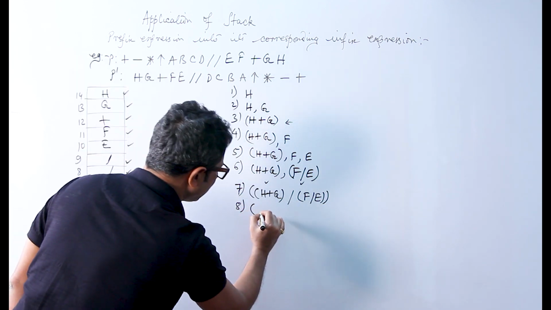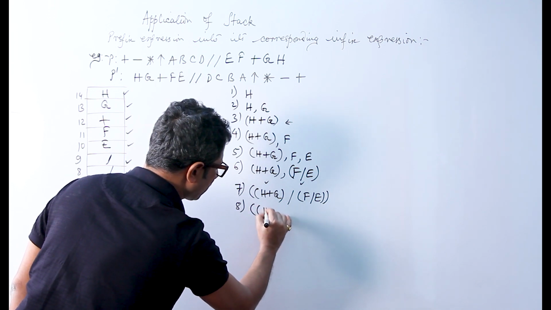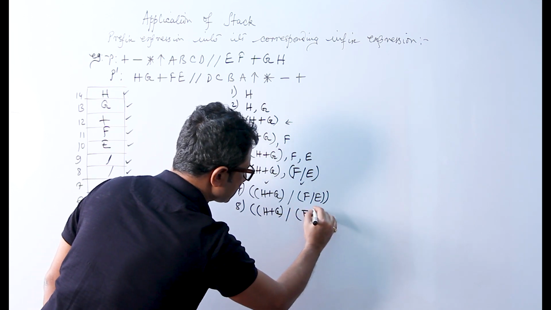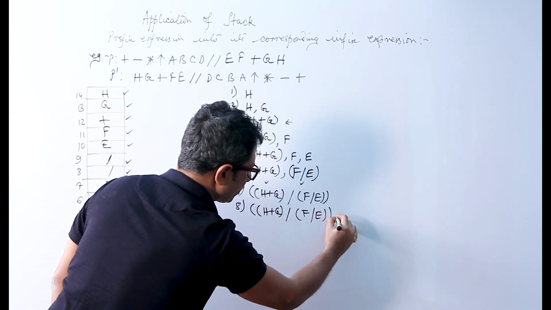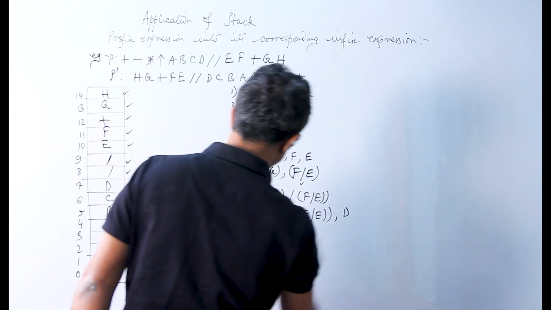And now the second element, which will be going to become the topmost element of the stack, will be h plus g slash f slash e, and the topmost element will be nothing but the d.